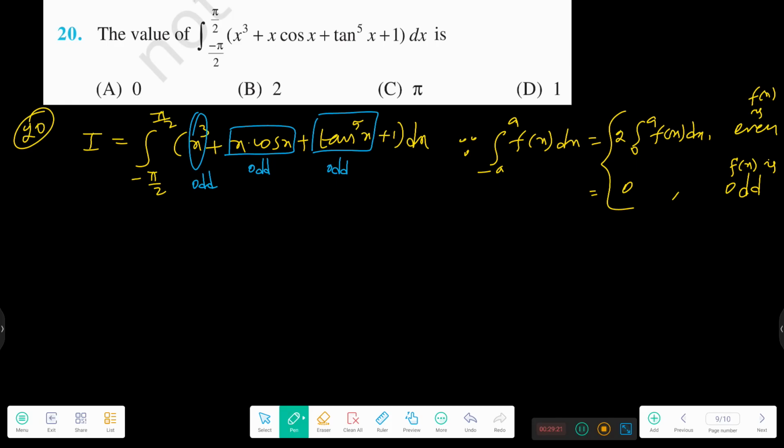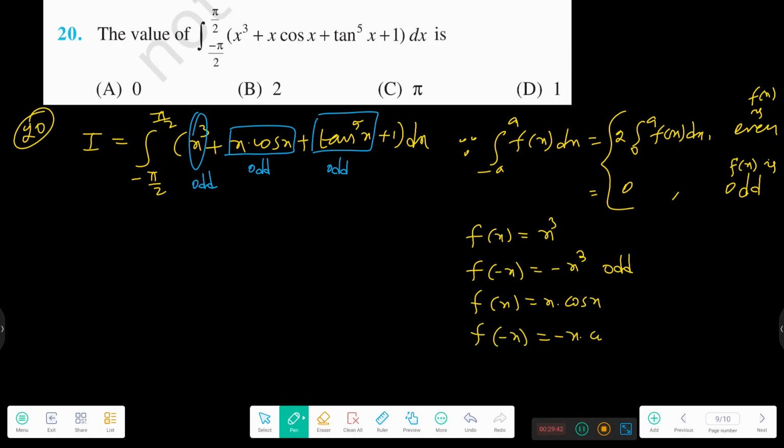Then sir, how are you telling it is an odd function? See, suppose f of x is equal to x cube. When you replace x with minus x, you get minus x cube, so it is odd. Like that, f of x is equal to x into cos x. When you replace x with minus x, you get minus x into cos of minus x, which is equal to minus x into cos x, because cos of minus theta equals cos theta.